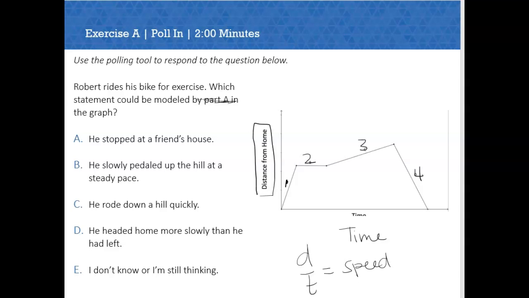If we have a speed over here in time, our slope is the acceleration. So what we're saying here is this is a speed, this is a speed, this is a speed, and this is a speed.